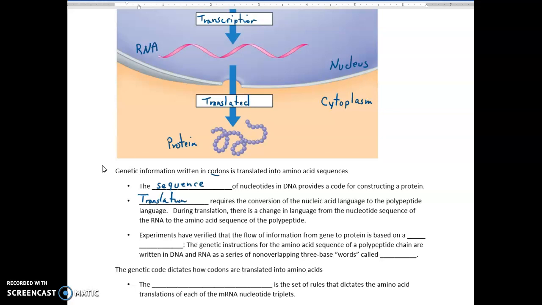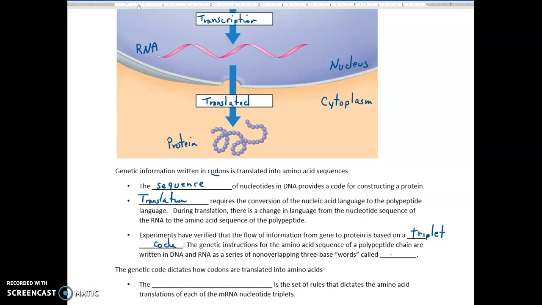Experiments have shown that the flow of information from gene to protein is based on a three nucleotide code. So we call it a triplet. So the genetic instructions are written in DNA and then in RNA as non-overlapping 3-base words.